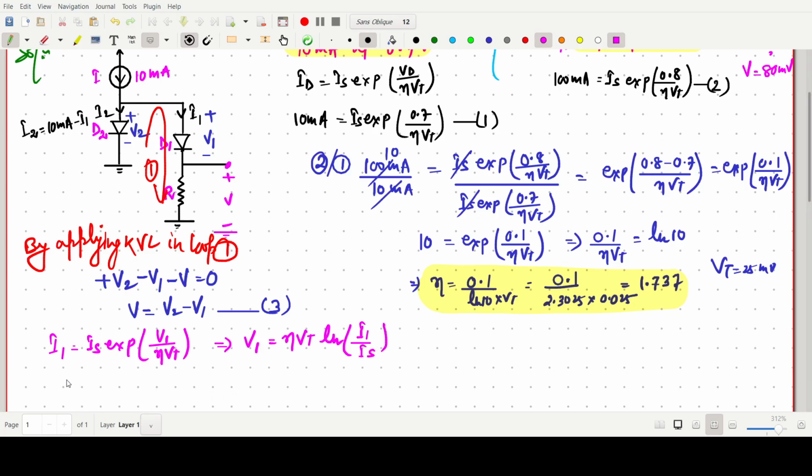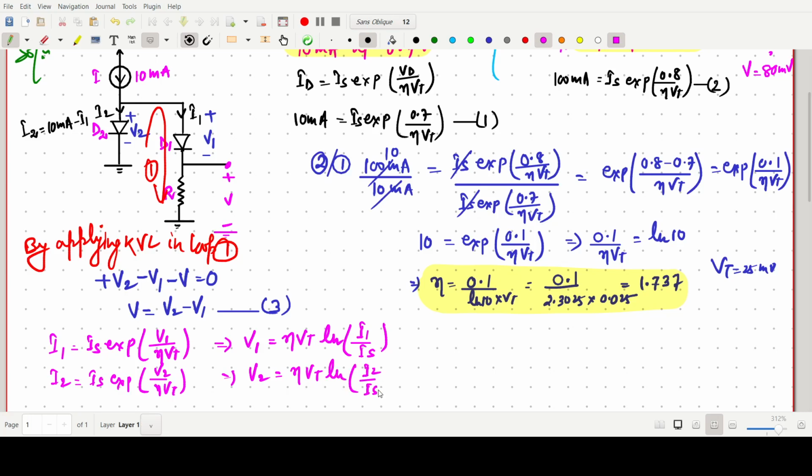Similarly, the equation for I2, which is 10 milliampere minus I1, is Is exp(V2 by eta Vt), or V2 equals eta Vt ln(I2 by Is).